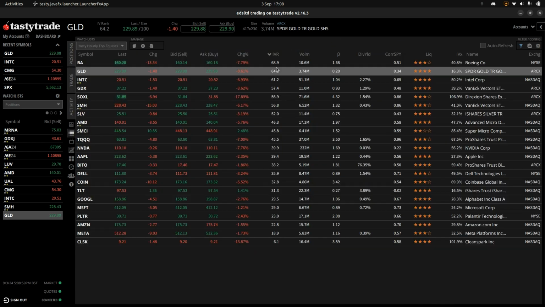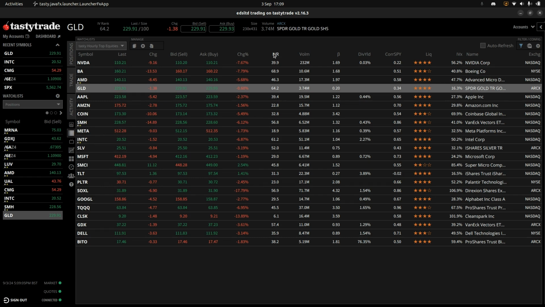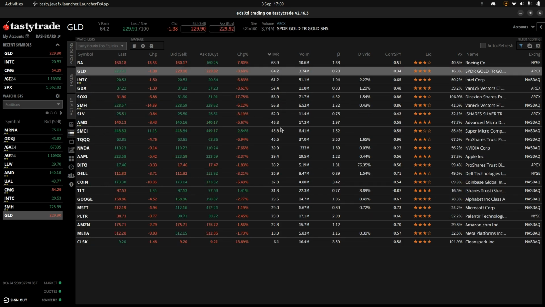Now what you want to do is order the list from highest implied volatility rank to lowest implied volatility rank. As you can see here at the top, we've got an IV rank of 69, and at the bottom we've got an IV rank of 6.3.